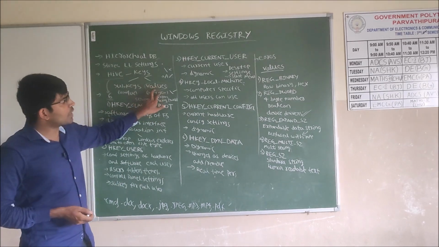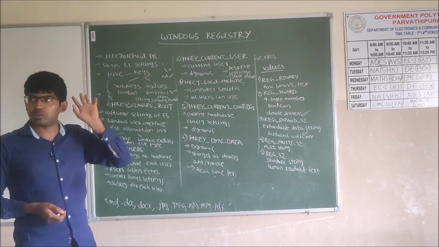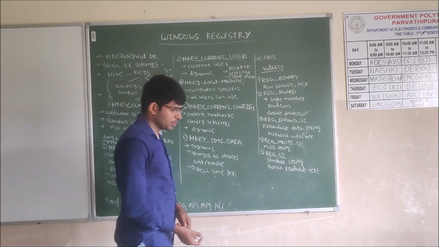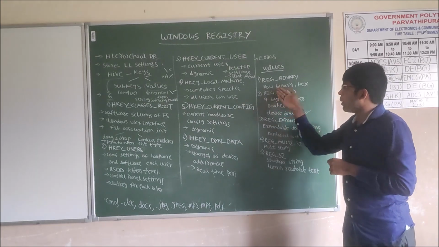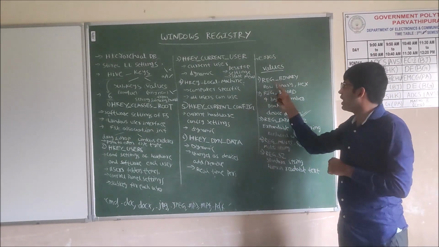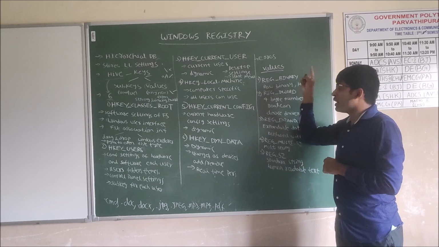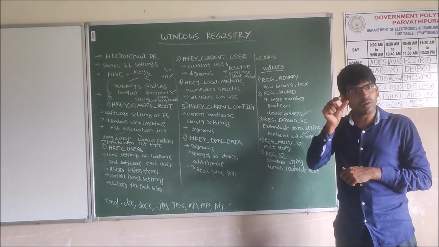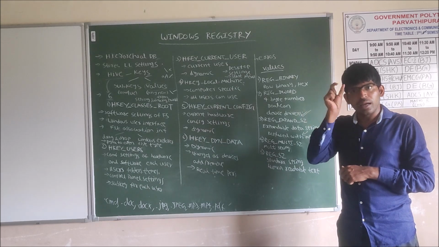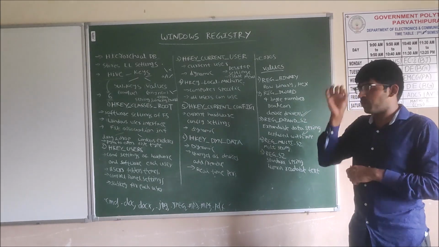This value can be stored in 5 types. How are we storing that value? The value can be stored either in binary format, which we call REG_BINARY, because it is a registry. The values will be stored in binary format there, and that will be represented in hexadecimal format.